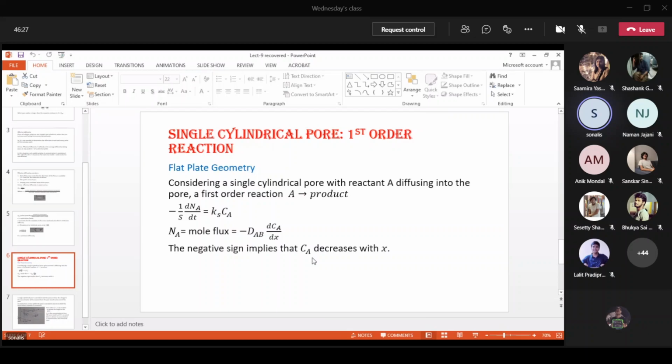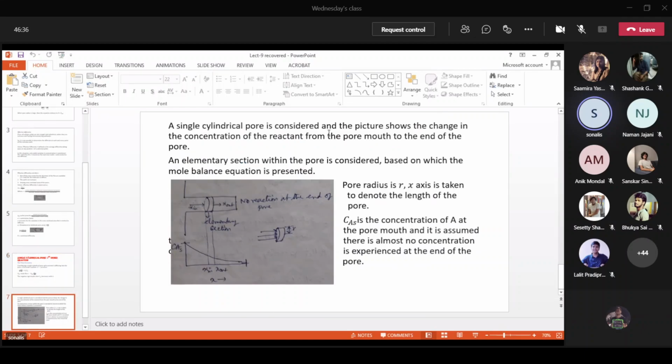A single cylindrical pore is considered, and the picture shows the change in the concentration of the reactant from the pore mouth to the end of the pore. An elementary section within the pore is considered, based on which the mole balance equation is presented.